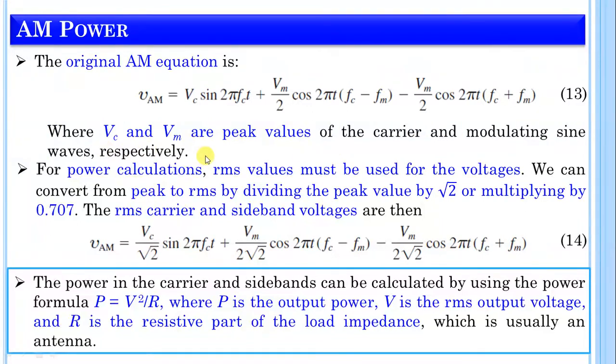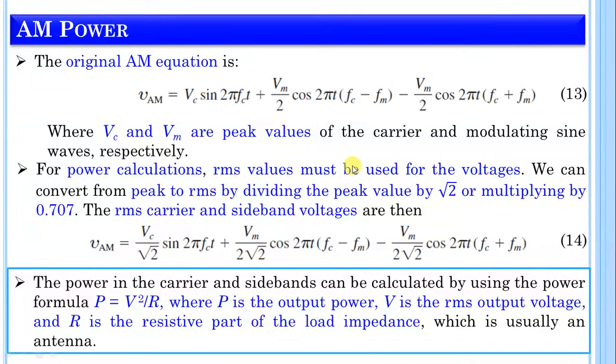And here you can see Vc and Vm are the peak values of the carrier and modulating sine wave as we are considering initially. For the power calculation, RMS values must be used for the voltages instead of peak values. So we are converting the peak values Vc and Vm to RMS values by dividing the peak value by root 2.